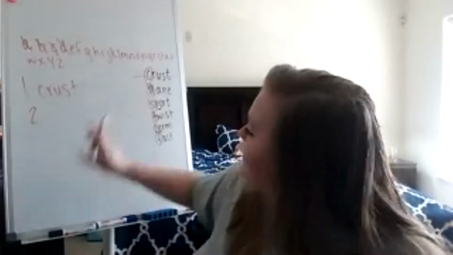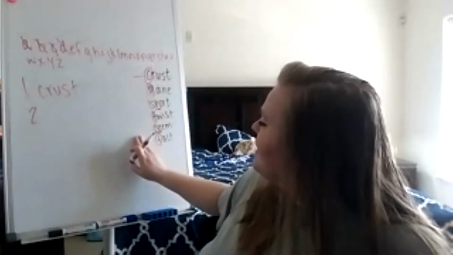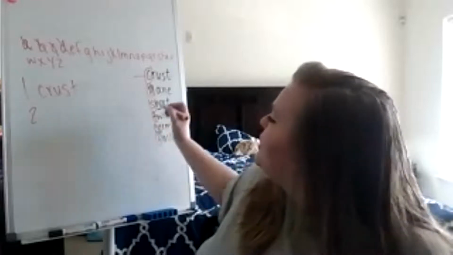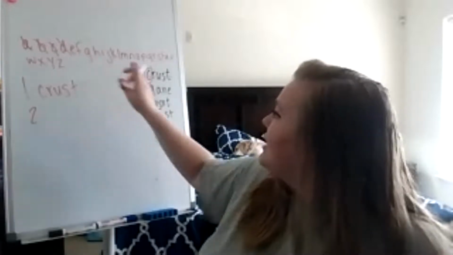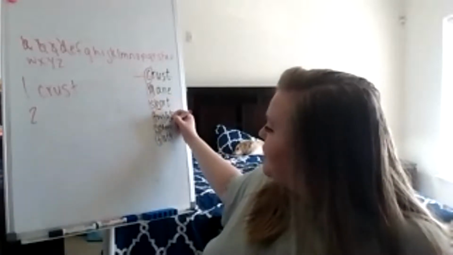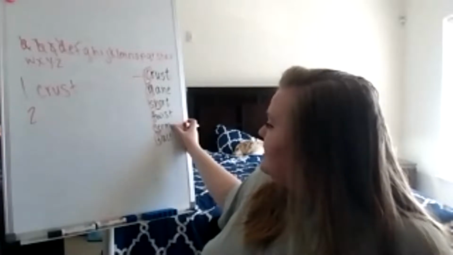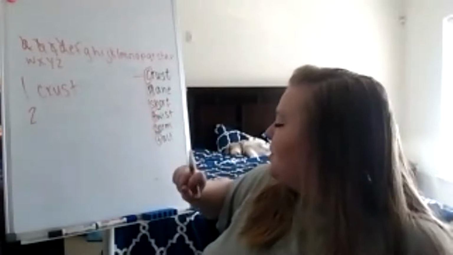Remember, I said when you get to the S, they have the same first letter. So how do you know which one goes first? You go to the second letter then. And you'll say your alphabet again to figure out which one you get to first, the E or the H. If you get to the E first, then you will write seam and then short.